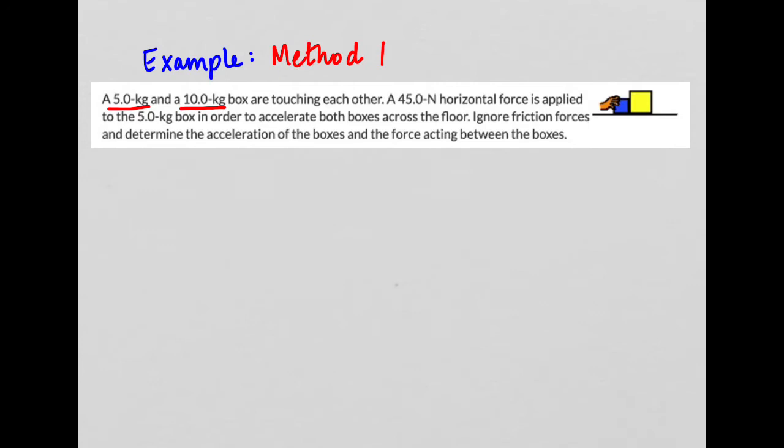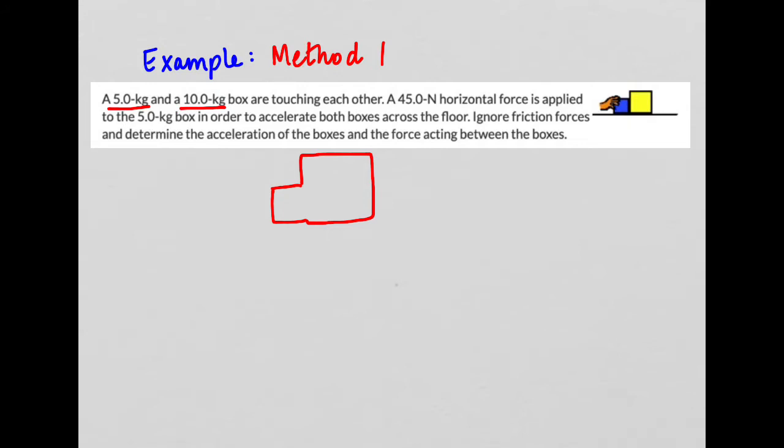So rather than having this little box and this big box, which are touching each other, rather than having two separate objects here, we're going to pretend like this is just one object for the first part of method 1 with the system analysis section.